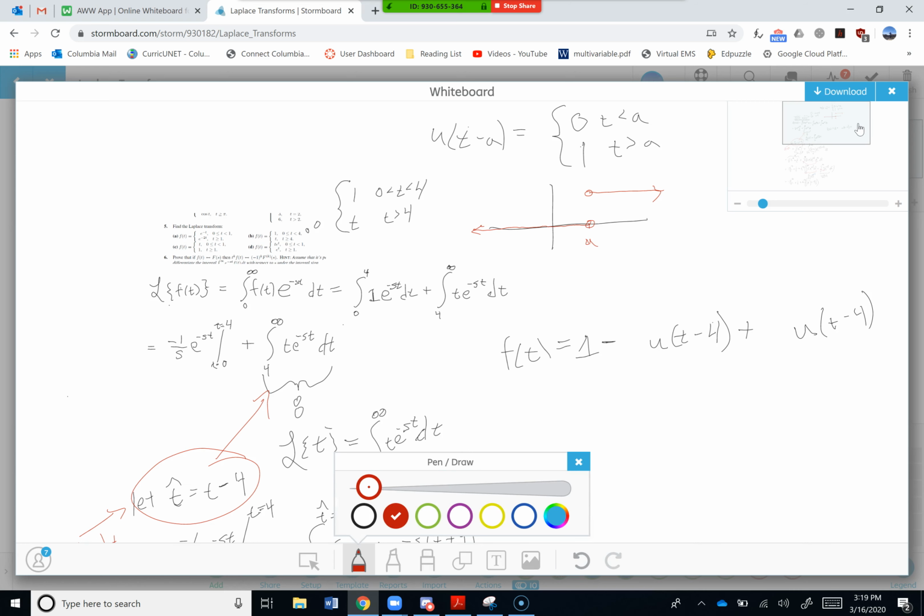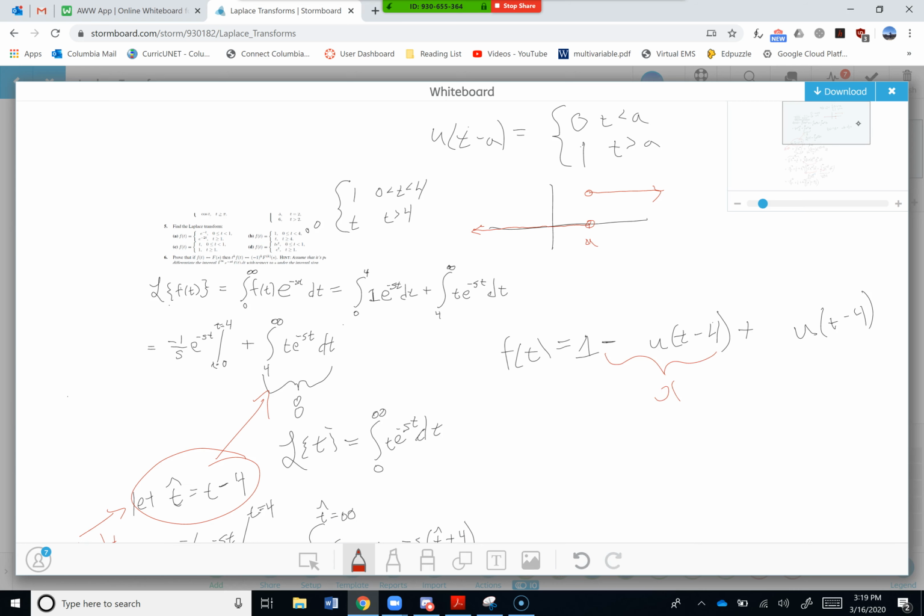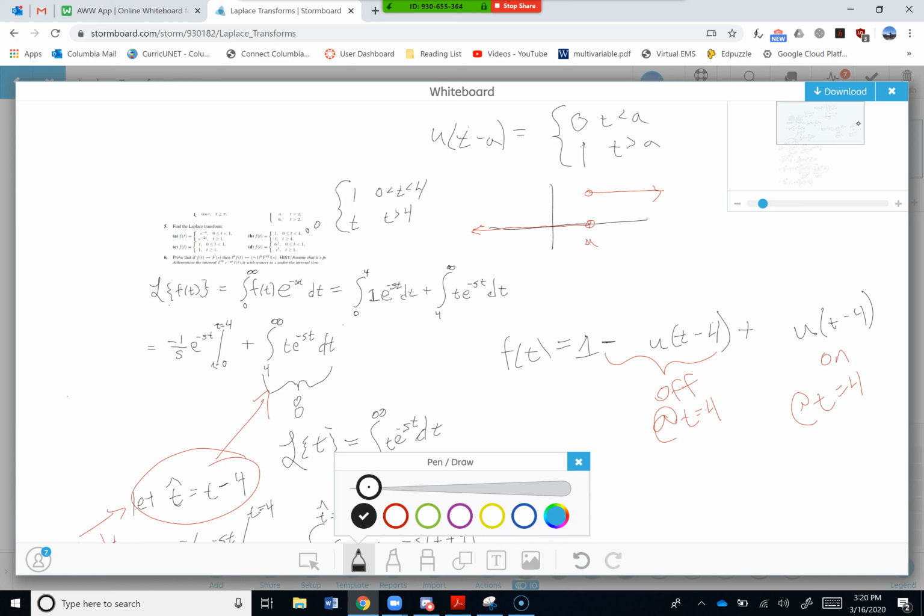So this is going to be the off part at t is 4, and this is going to be the on part at t is 4. The thing that I want to turn off is what's happening, which is just 1, and the thing that I want to turn on is t.